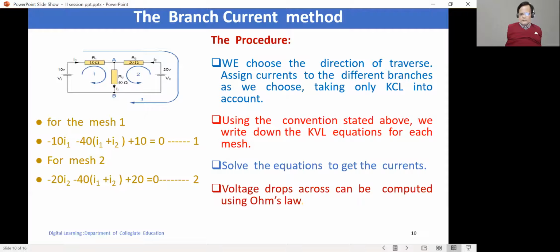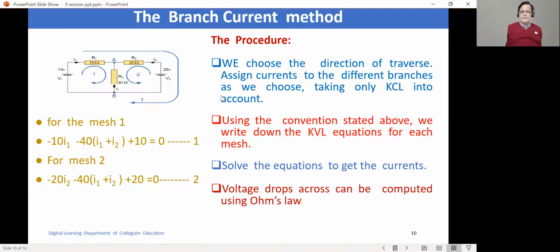To solve electrical networks, and when we go ahead and prove the network theorems, we will be making use of the KVL and KCL to first establish the result and then establish the same result using any given network theorem. So, the methods of using KCL and KVL to solve networks we should become familiar with. So, first we establish the procedure for the branch current method.